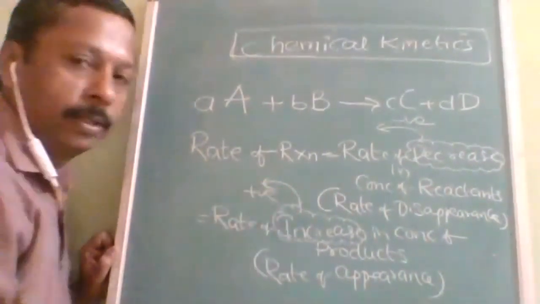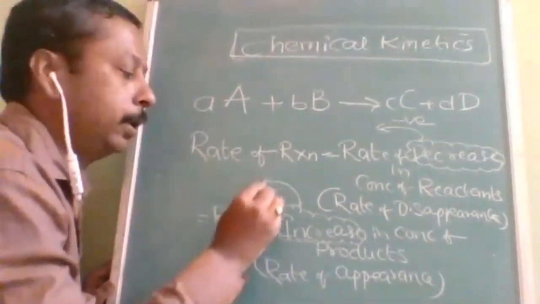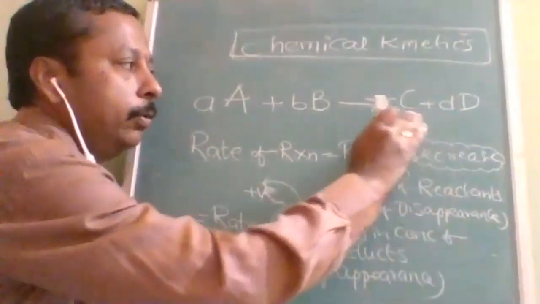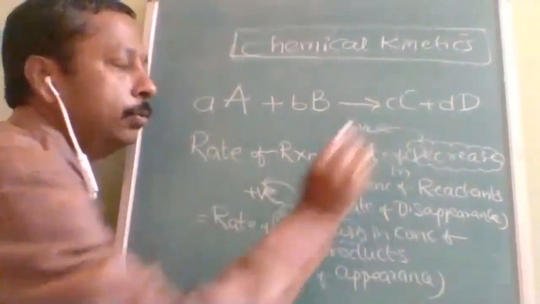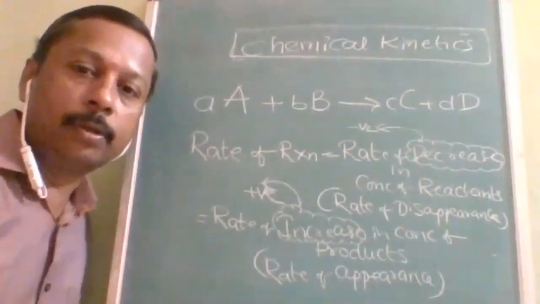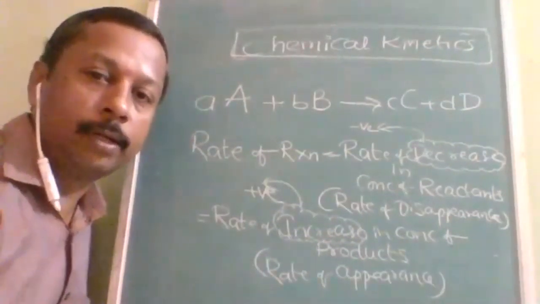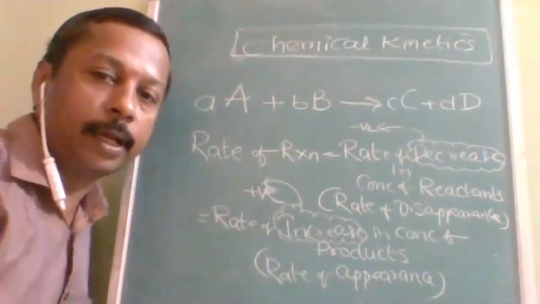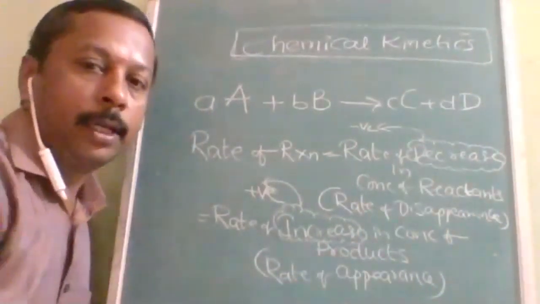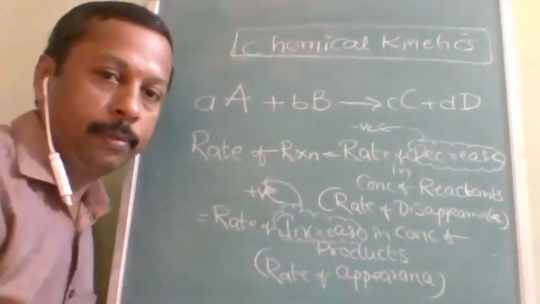So when we deal with the product, it is better to use a positive sign. When we deal with the reactant, as it is a decrease, it is better to use negative. So the rate of reaction in terms of the reactant is equal to the rate of decrease in concentration of reactants, and it is also equal to the rate of increase in concentration of product.